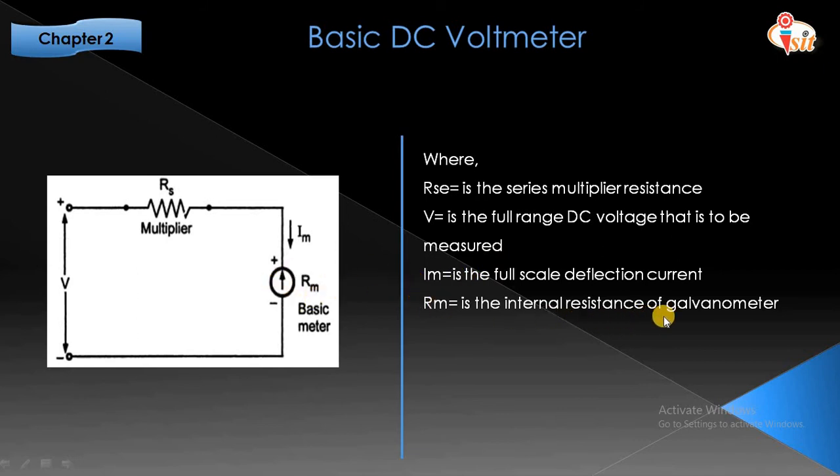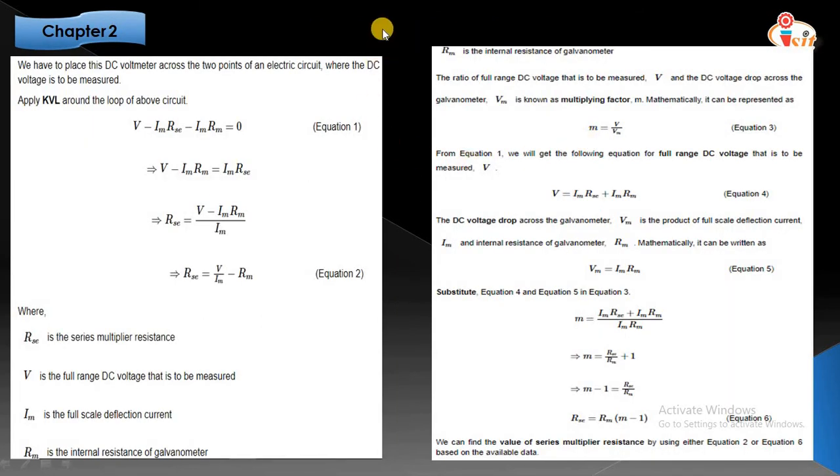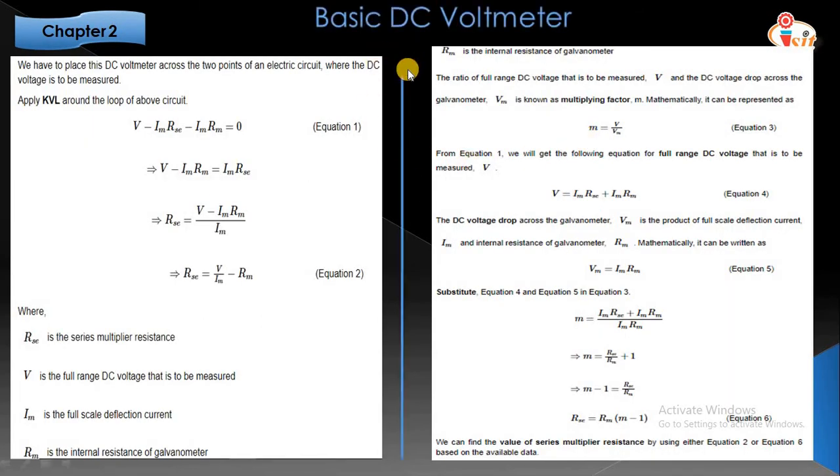Rm is the internal resistance of the galvanometer. Now I am going to show you how to calculate the value of Rse or Rs. What is the meaning of Rs? It is a series resistance or a multiplier.